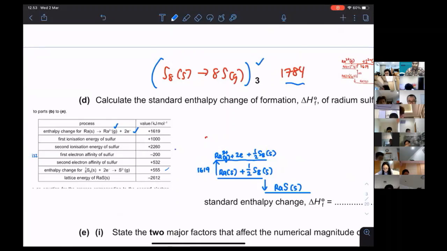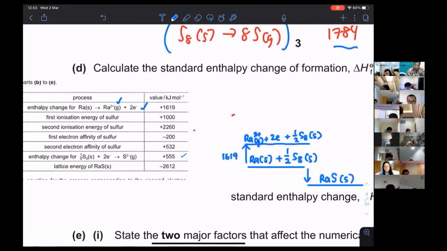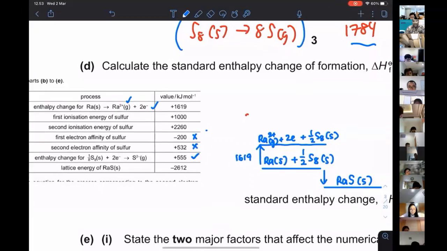You have this 1784, which is going to be suitable for the atomization, but you do not need to use that, because they have given you this, which is a combination of atomization and electron affinity, and they have combined first electron affinity, second electron affinity. That means you do not need to use this. They have combined for you.